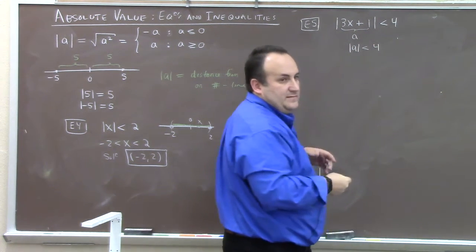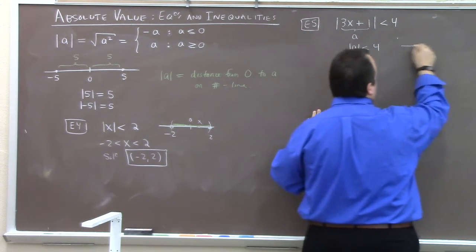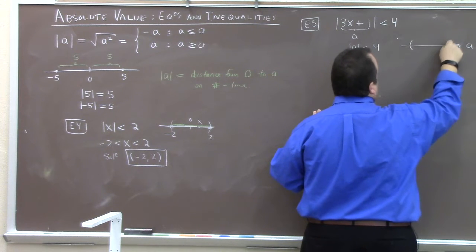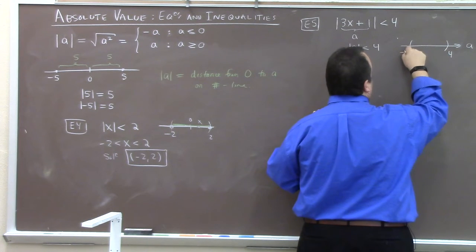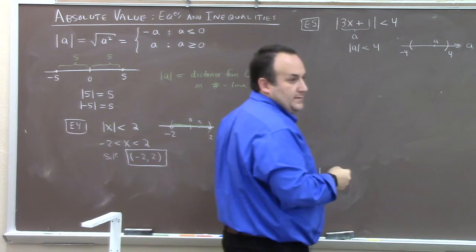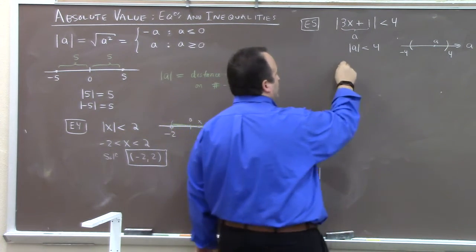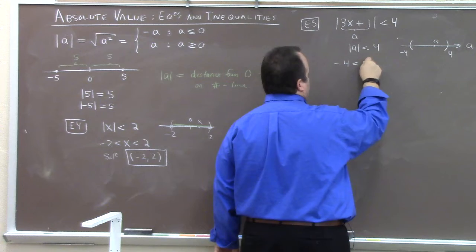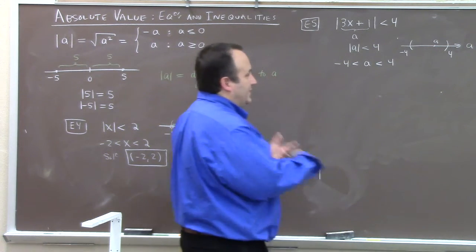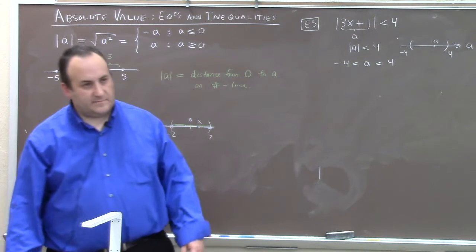So what does that mean? That means if you drew a number line, a is somewhere between 4 and minus 4, right? So we could say minus 4 is less than a is less than 4. That describes the solution here.